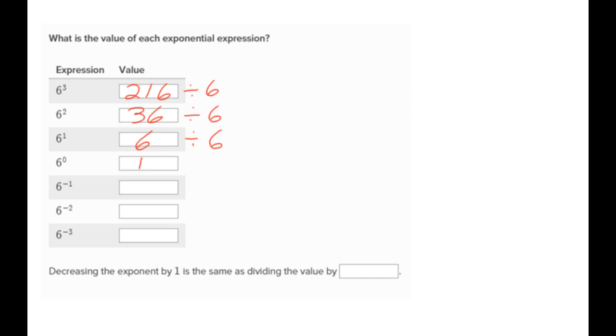Mathematics is patterns, okay? Then 6 to the negative 1, remember, a to the negative n is equal to 1 over a to the nth power. So 6 to the negative 1 is 1 over 6. And then 6 to the negative 2 is 1 over 36.